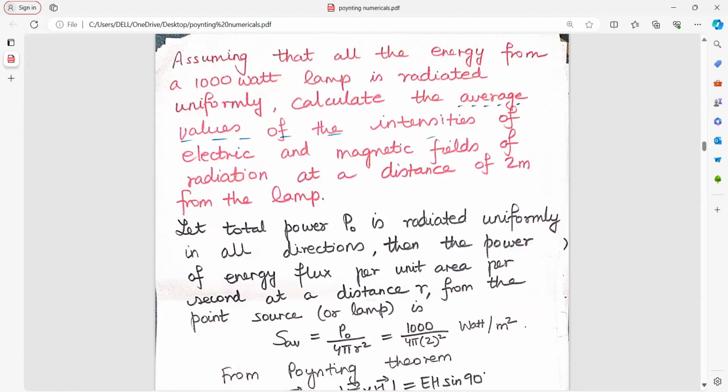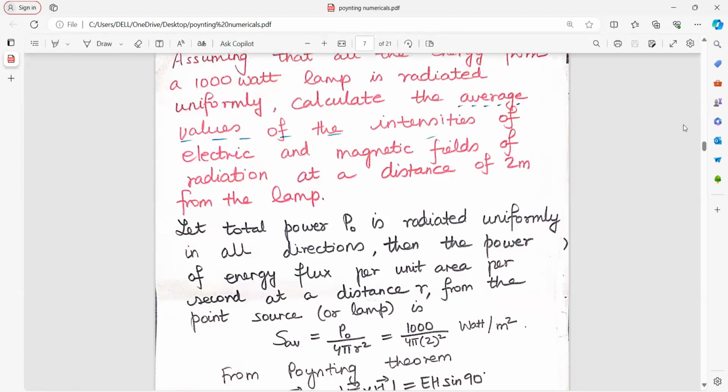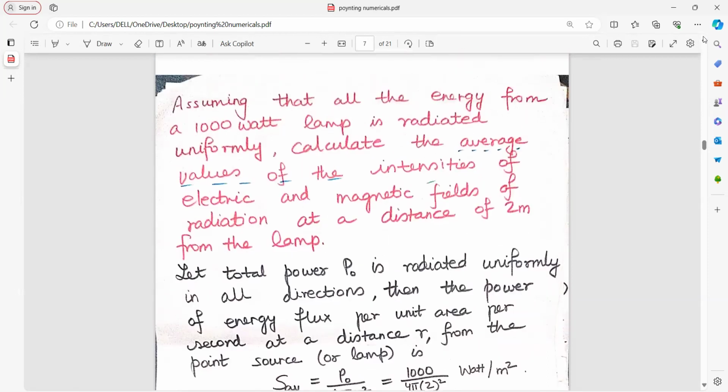On a very similar pattern, you have another question. All Poynting numericals consist of total energy, and they expect you to find the electric field and magnetic field. This numerical is exactly similar to what we just did, but here they are asking you to find the average values of the intensities of the electric and magnetic fields at a distance of 2 meters from the lamp.